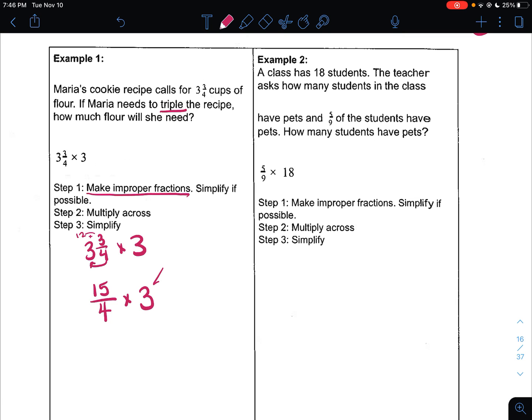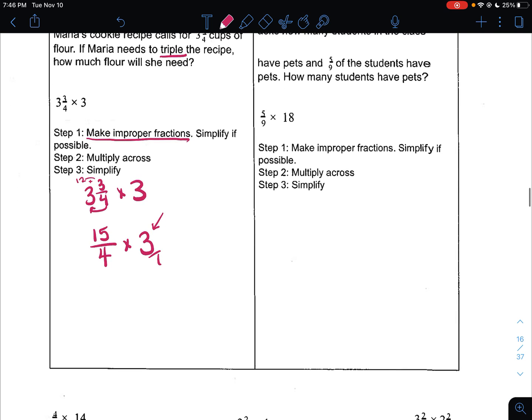So in order to multiply across like you're used to, we need to make 3 a fraction. So hopefully something's coming to mind of how to make a whole number of 3 a fraction. If not, all you have to do is put it over 1. Okay? So every whole number can go over 1 and it keeps it the same. Because think about it, what is 3 divided by 1?